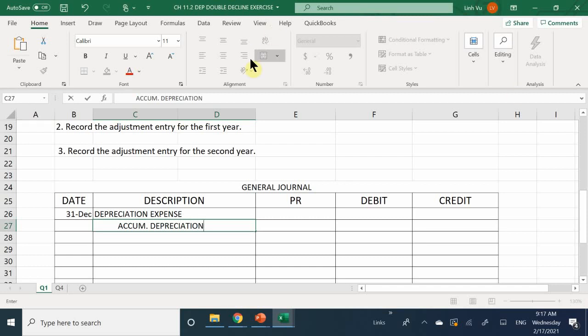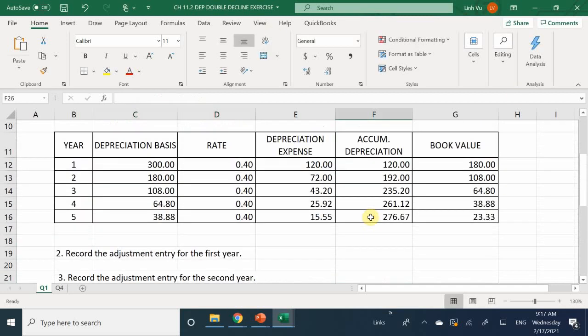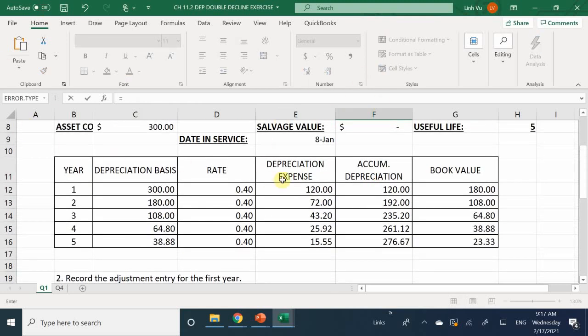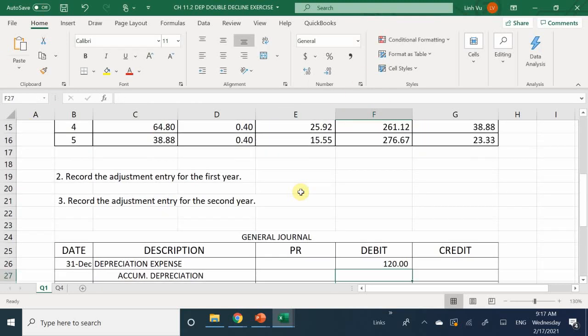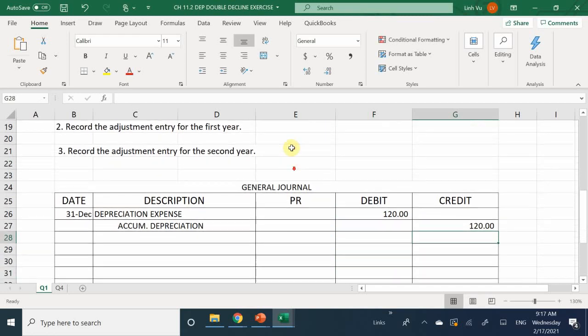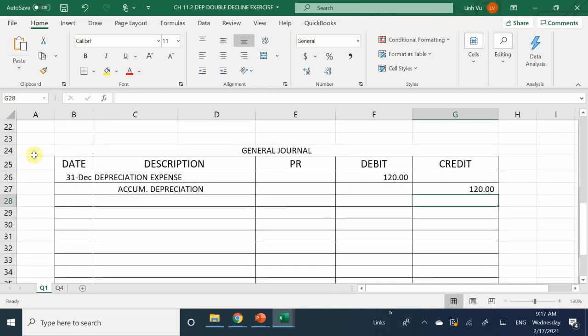And for what value was it for the first year? 300? 300 for the depreciation expense? 120. Oh, 120, sorry. Then what is my depreciation expense for the second year?